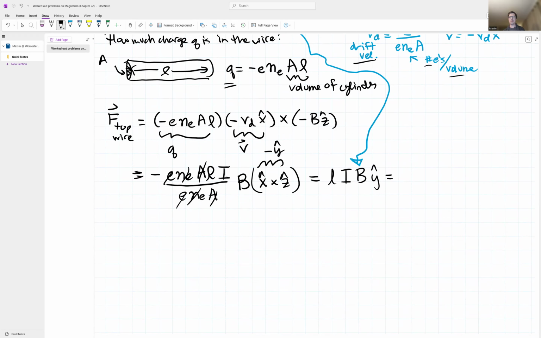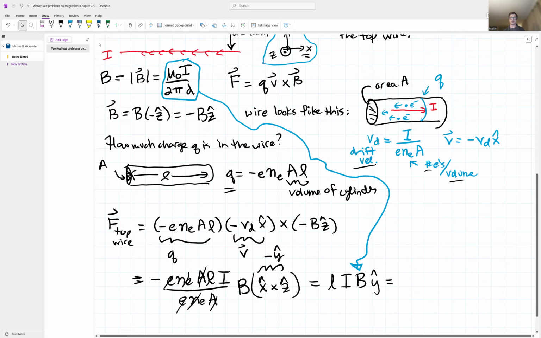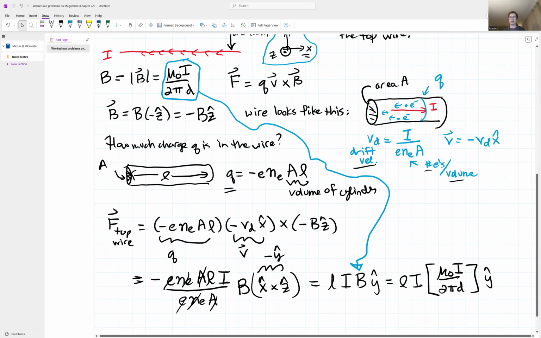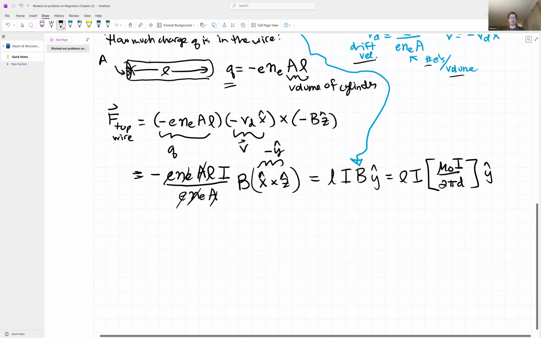We're going to plug in numbers just to see what we get. All right, so what do we get? We get L times I. We plug in for B and we get mu 0 I over 2 pi D. And it's all in the y hat direction. Now something interesting happens. You can see the force is proportional to I squared. So the more current you put in, the larger the force is, substantially, right?